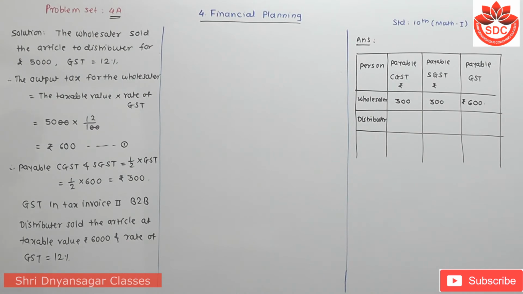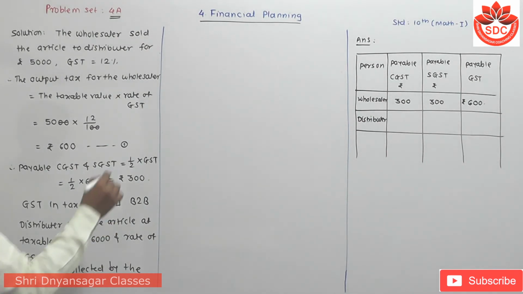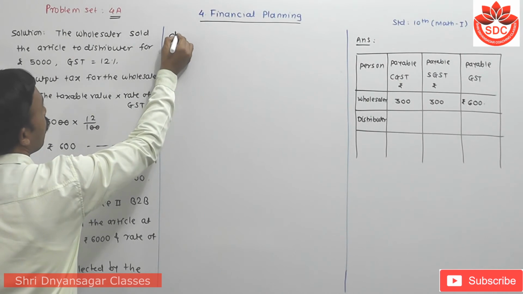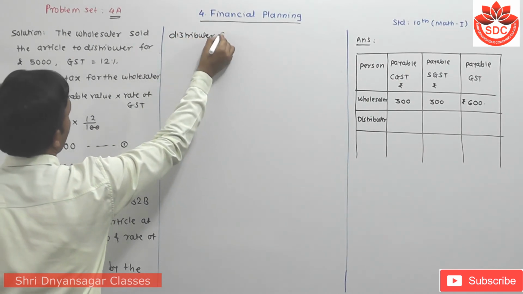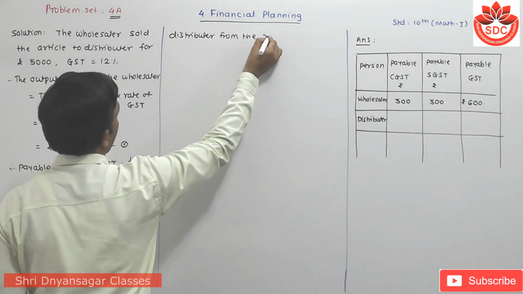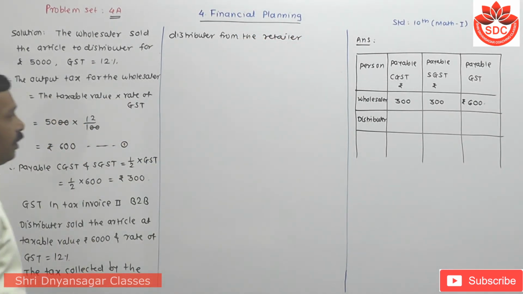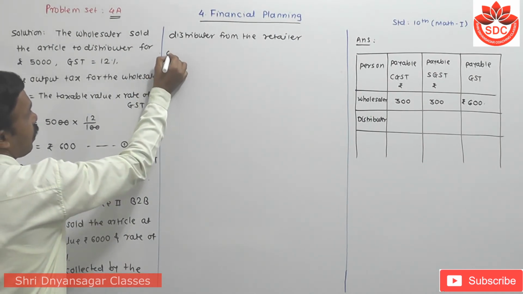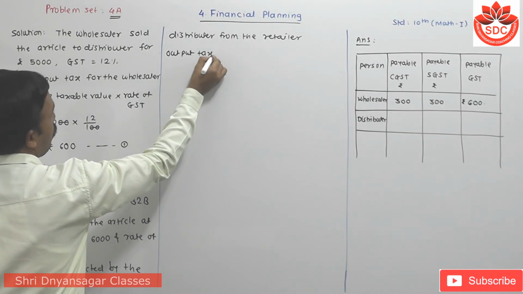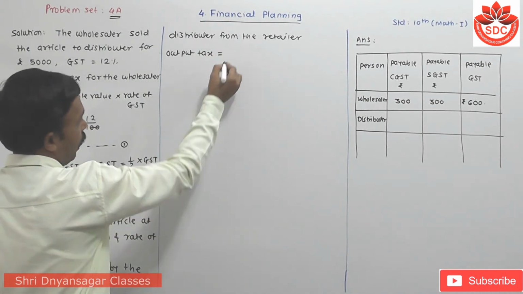Therefore, the tax collected by the distributor from the retailer, because he sold it to the retailer, is equal to the output tax, which is taxable value into rate of GST.